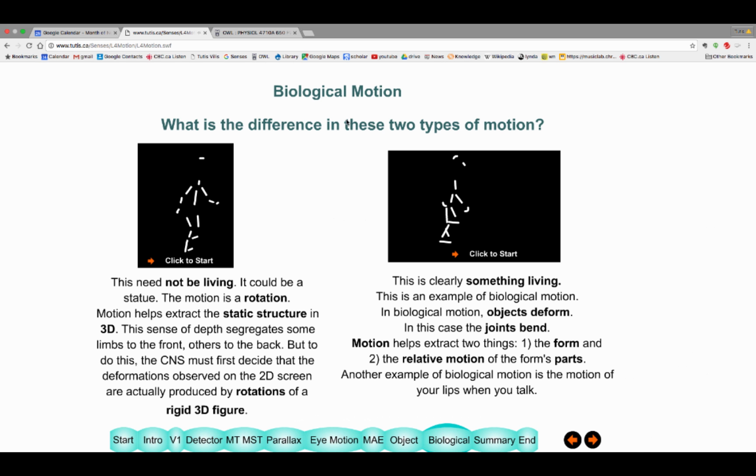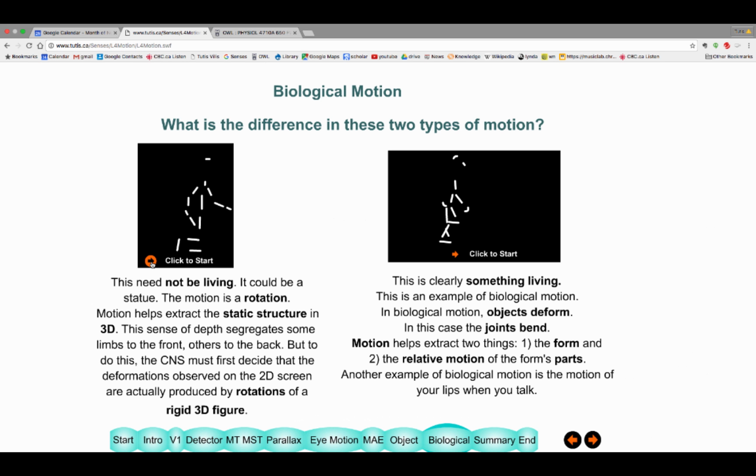Last, I'll talk to you about this thing called biological motion. So here you see, what do you think this is? Is it something alive necessarily?